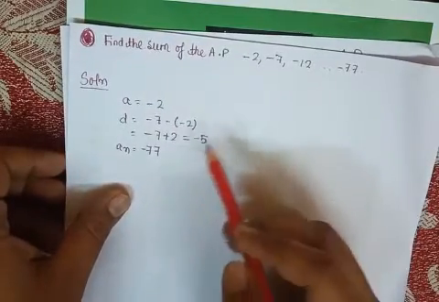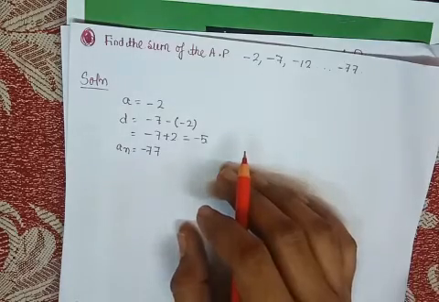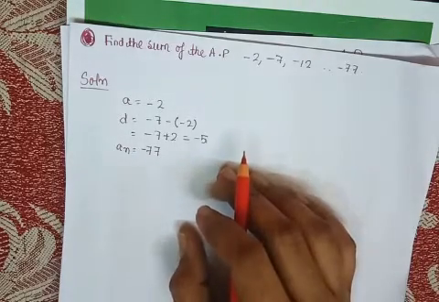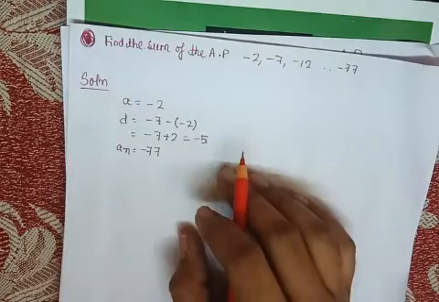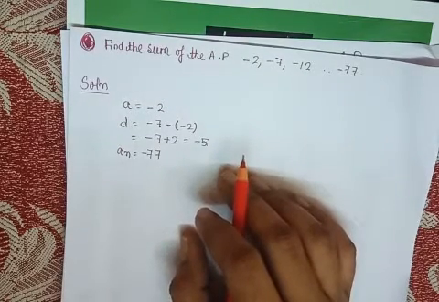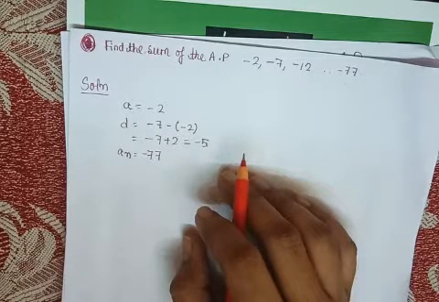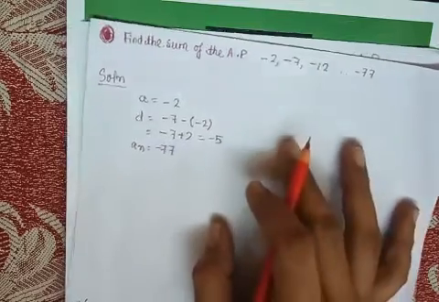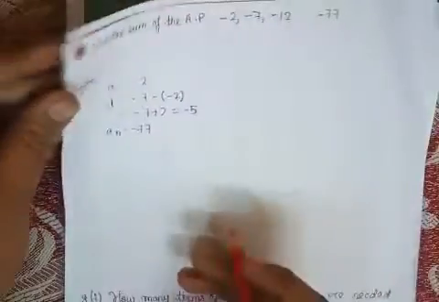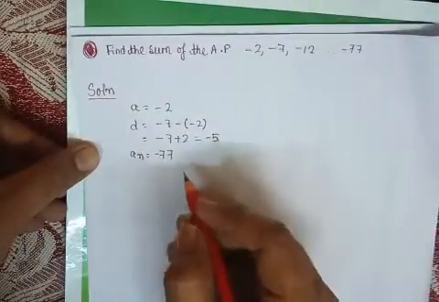Now we need to take out the sum of this AP. So an is equal to -77.